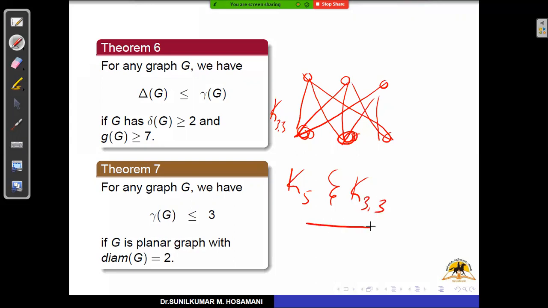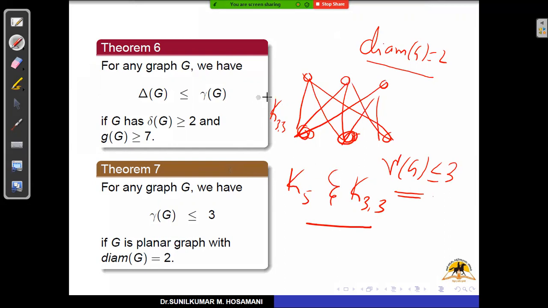K33, that graph is called a planar graph, and the diameter of such a planar graph must be 2. Suppose G is a planar graph, that is, G is free from K5 and K33, and the diameter of that graph is equal to 2. In that case, the domination number of such a graph is less than or equal to 3. Okay.